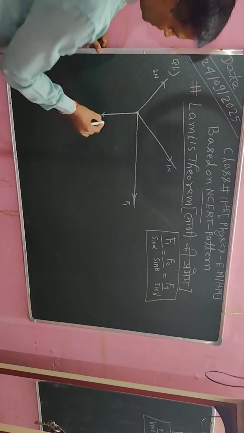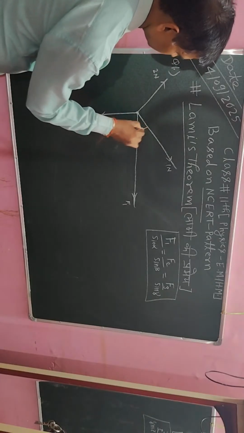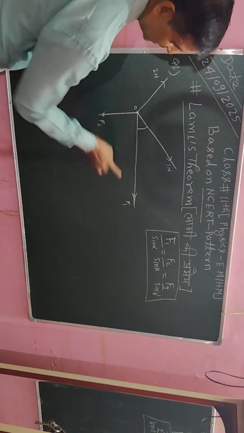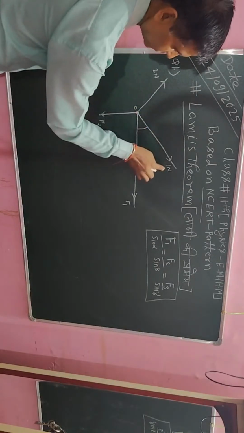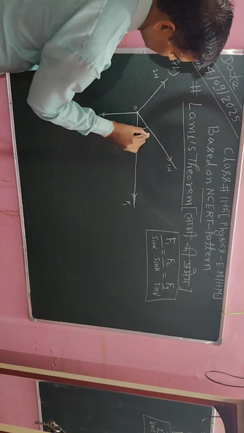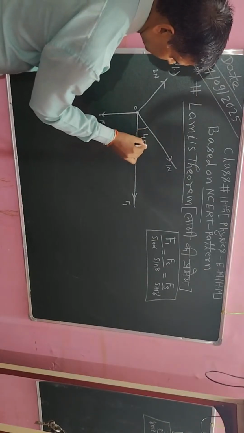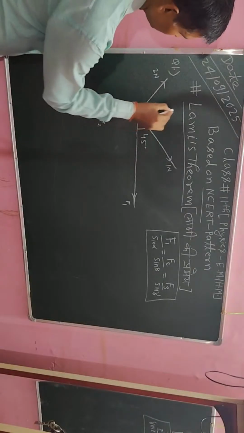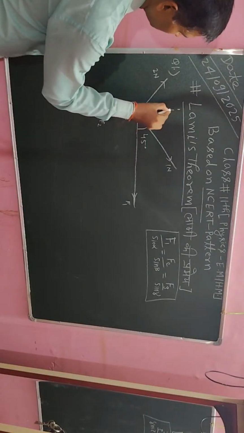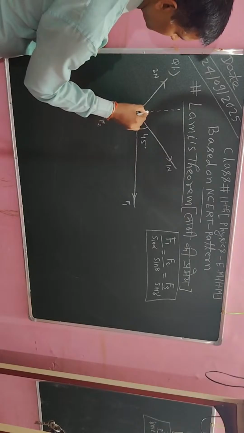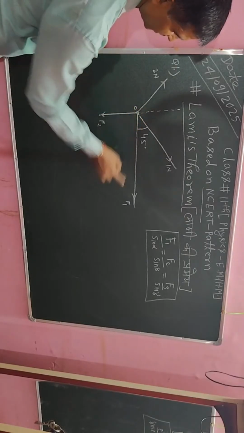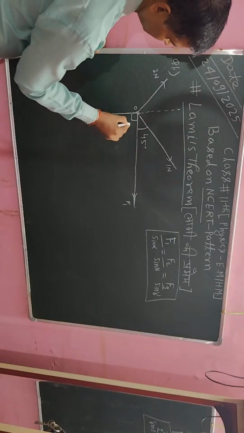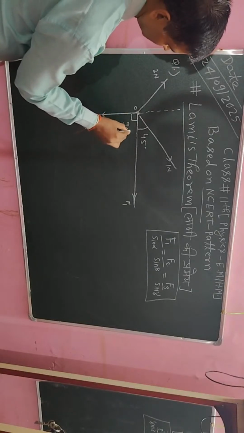Now in the diagram that is given, the angle between F1 and O, and this force of 1 Newton, each angle is 45 degrees, that is given in the question. Now again I will draw a perpendicular line on the OF1 line, and this angle is 90 degrees, which is also given in the question.